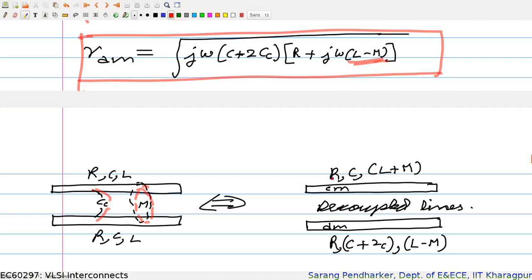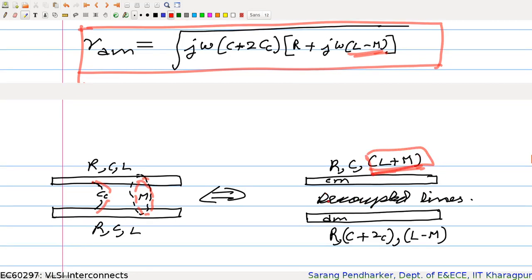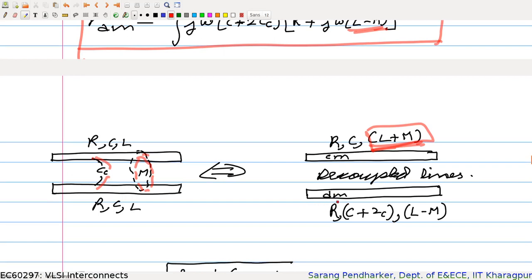The common mode interconnect has parameters R and C remaining the same, but your inductance becomes L plus M. This is the main difference. For the second case, the differential mode interconnect, R remains the same, your capacitance has now changed to C plus 2 Cc, and your inductance has now changed to L minus M.